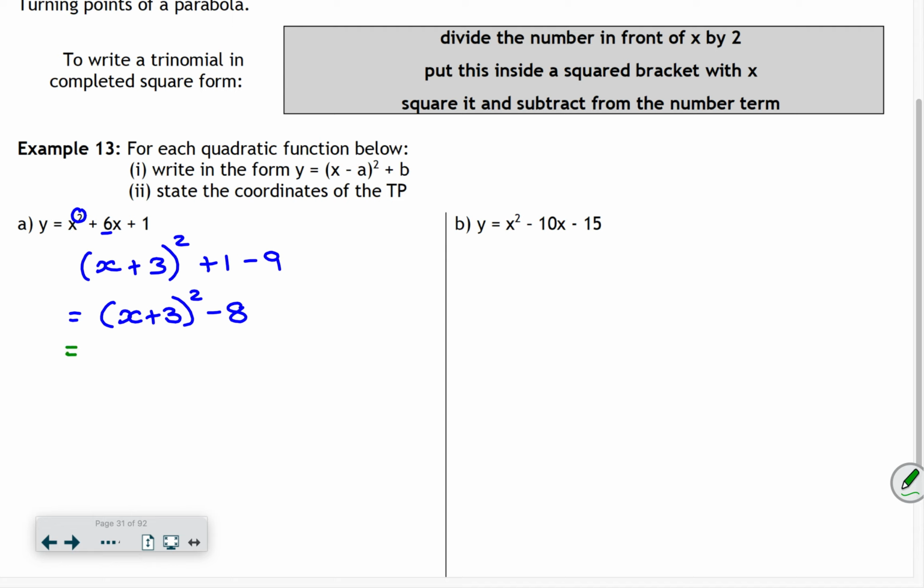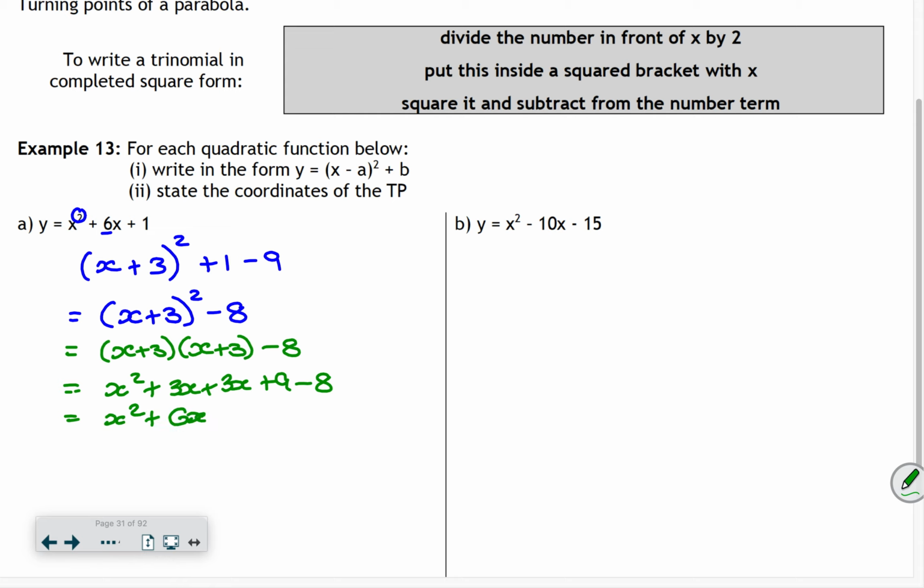So I'm going to write this as (x plus 3) squared, take away 8. So that will give me x squared plus 3x plus 3x plus 9 minus 8, which gives us x squared plus 6x plus 1, which is what we had. So you don't have to do that, but it's good if you want to check that you've done it right.